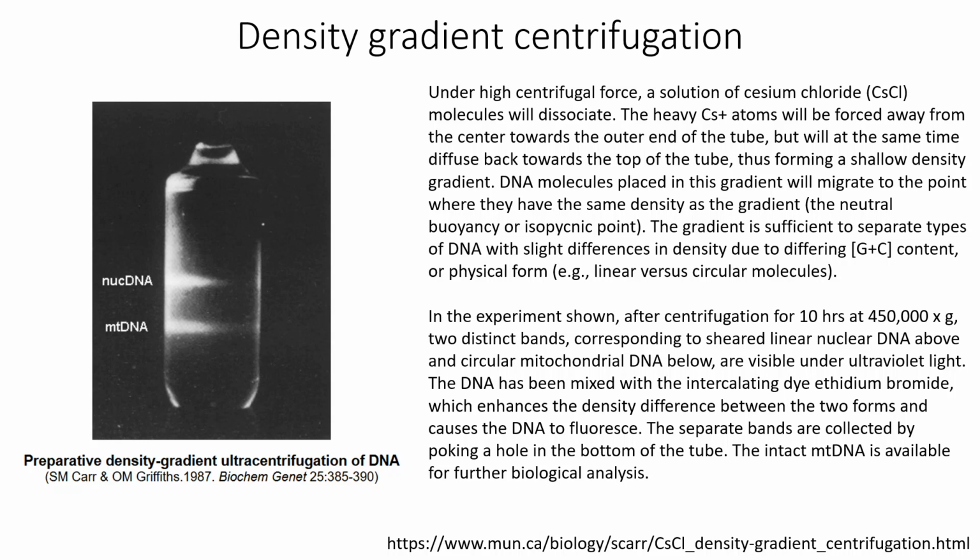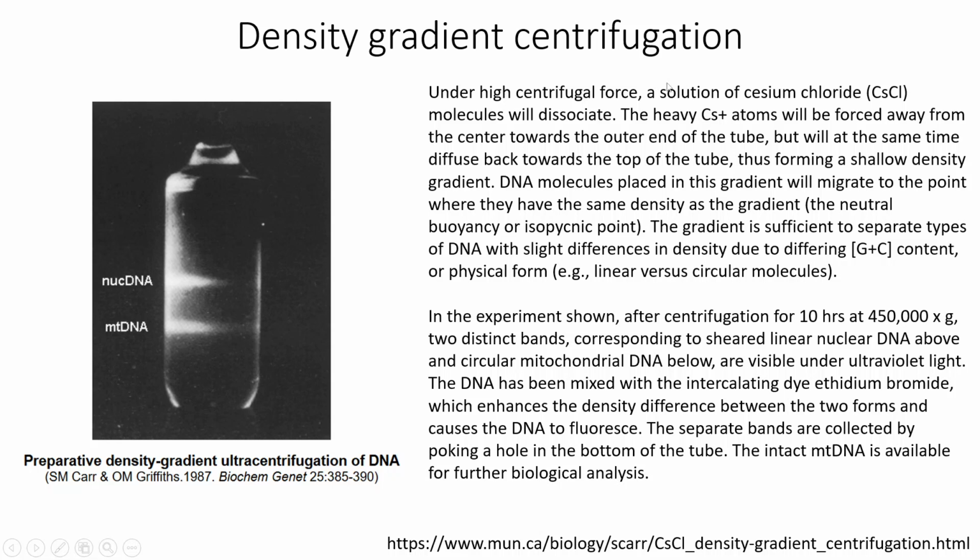Okay. So here, this is an image from a very old paper, a very famous paper actually, where they have separated out nuclear DNA and mitochondrial DNA. And this is one of the big tubes where you have this density gradient media that's put in. It's an ultracentrifuge tube, and you place it inside the rotor and you spin it really fast.